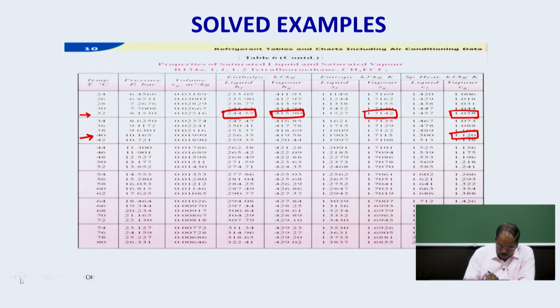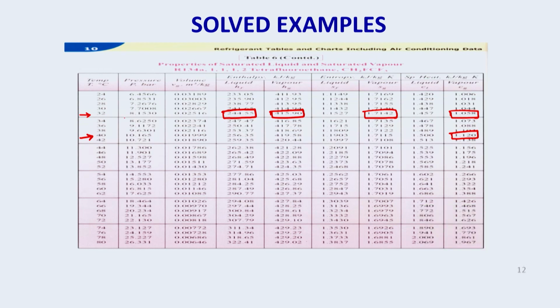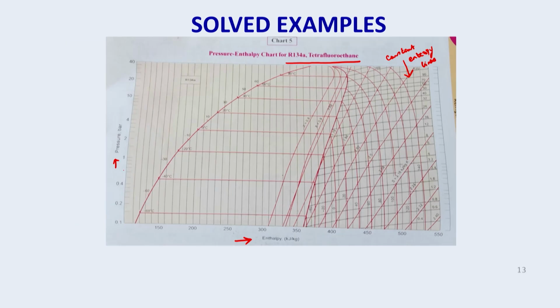Similarly, corresponding to 32 degrees centigrade, the pressure is around 8.15 bar. So we can easily plot 8.15 bar, and the state point 3 will come here. This is 4 bar, this is 10 bar, so this is around 8. This is 8.15 bar, the condenser pressure.